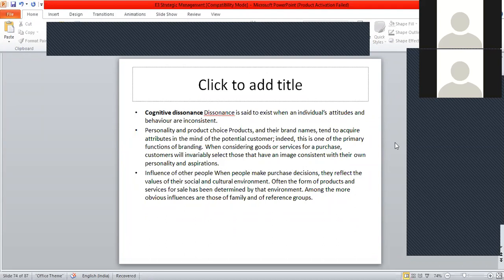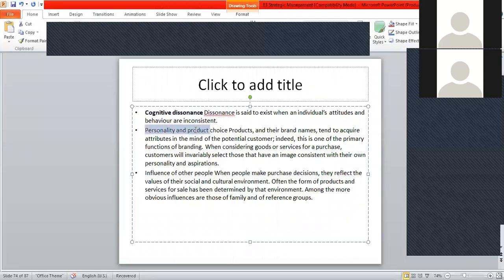Some of them are okay with any kind of brand, provided it serves their requirement. So the personality and product choice is again very important. Maybe they depend on the brand, or they are okay with any kind of brand. So when analyzing the customers, this has to be taken care of. That is what is their choice.